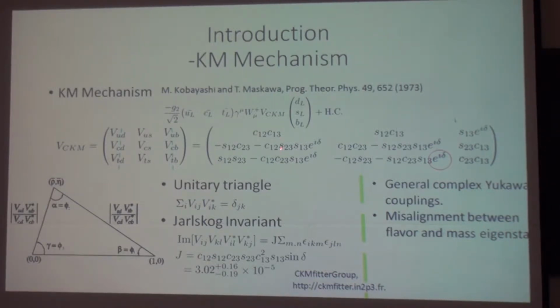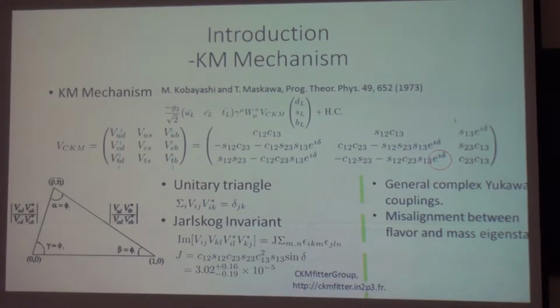And they introduce this KM matrix, and you can pay attention to this factor, the delta. We call it the Dirac CP violation phase, which comes from two reasons.